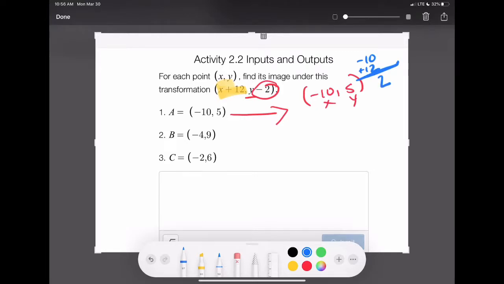Okay, now what is it saying to do to your y? It's saying to subtract 2. All right, so my y is 5. 5 minus 2 equals 3. So what's your new point going to be? My new point's going to be 2, 3.